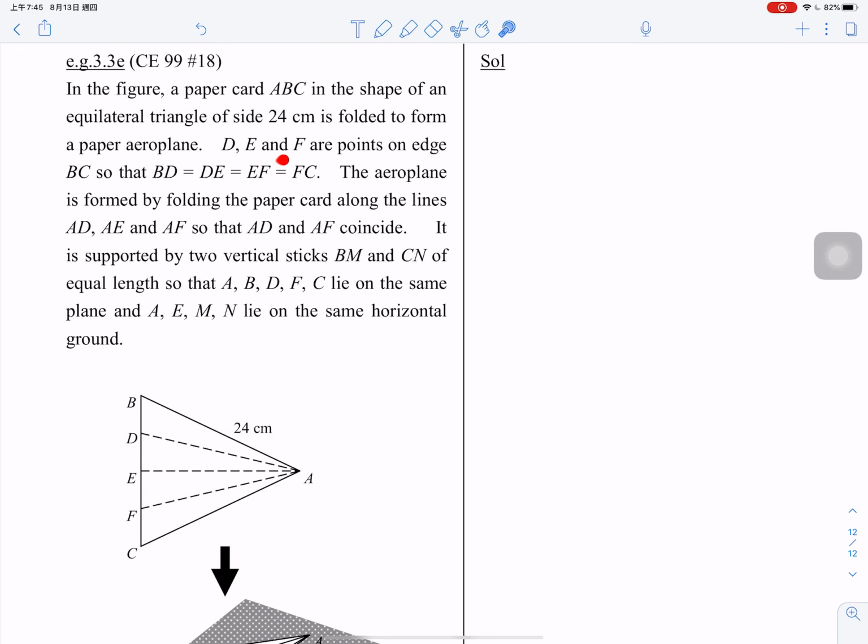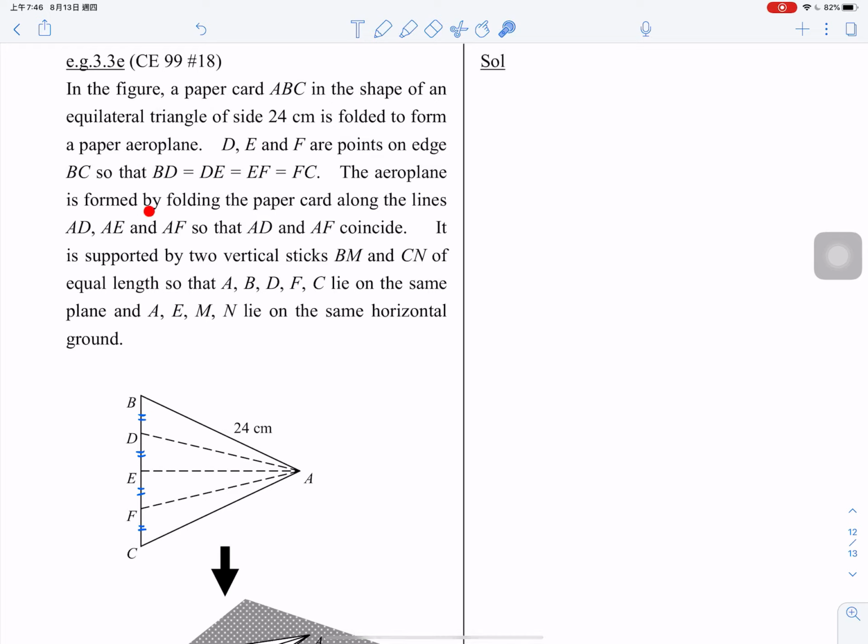D, E, F are points on edges BC, on this side, on the edge BC. And BD, DE, EF, and FC are all the same.